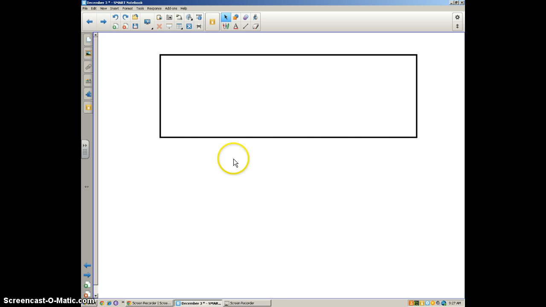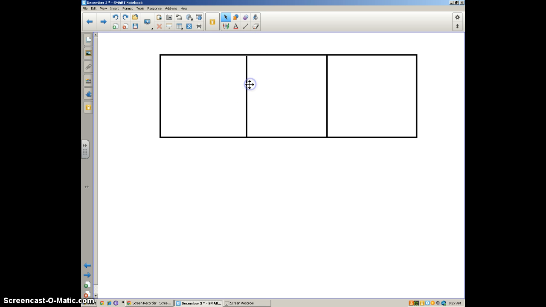In order to represent this, we're going to use this rectangle as our whole, and now we want to create our dividend, which is 1/3. So I'm going to take my whole and break it into 3 equal pieces.